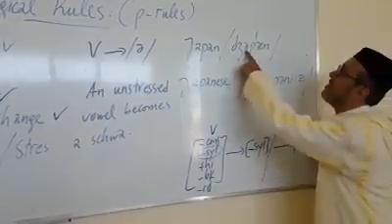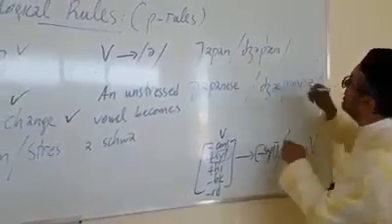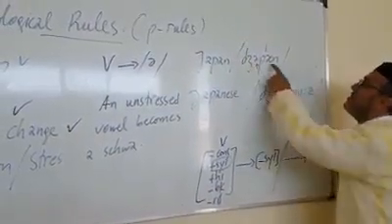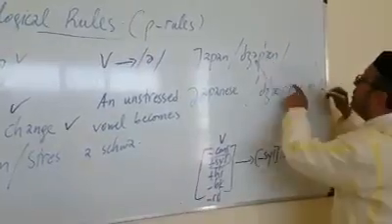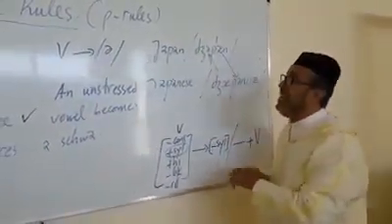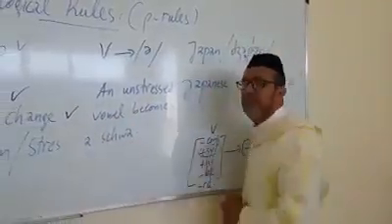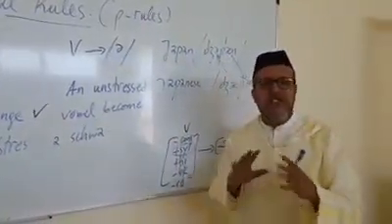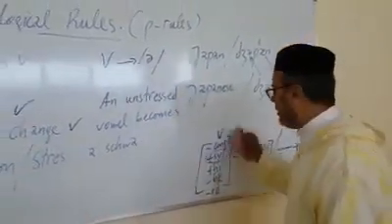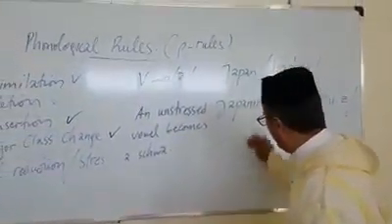When it is unstressed, it becomes the schwa. Look, it became a schwa because it's unstressed here. Now, this one is stressed, it's a. When it is unstressed, it becomes a schwa. So, any unstressed vowel becomes a schwa. And that's a general rule in English stress.